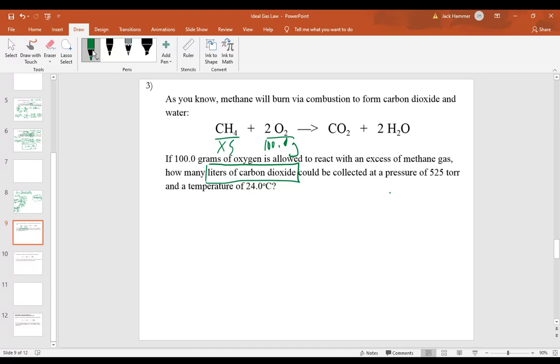Now, liters of carbon dioxide, that would be the volume, and this is the pressure, and this is the temperature.